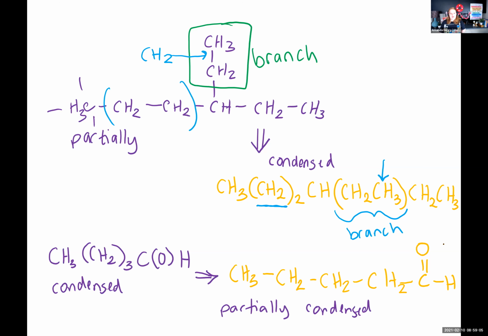Now, there's nothing in that condensed structure that tells us that, but we know that carbon likes to have 4 bonds. And so when we draw it out and we see that carbon only has 3 bonds, it's implied that that oxygen is double bonded. We also know that oxygen likes to have 2 bonds.